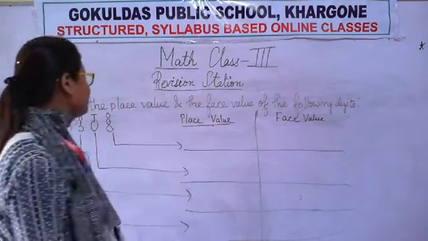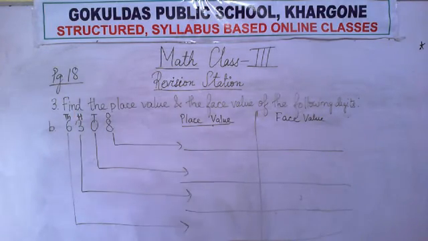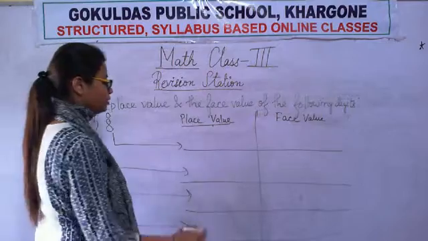Okay, you tell me what is my first step. We will write ones, tens, hundreds, thousands. Now what is the place value of 8?